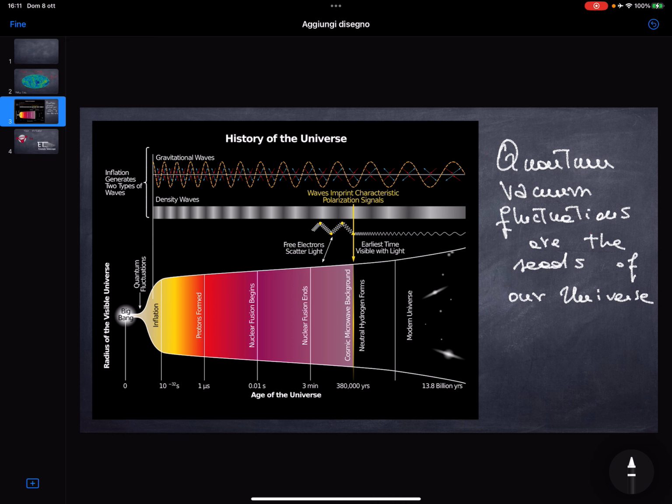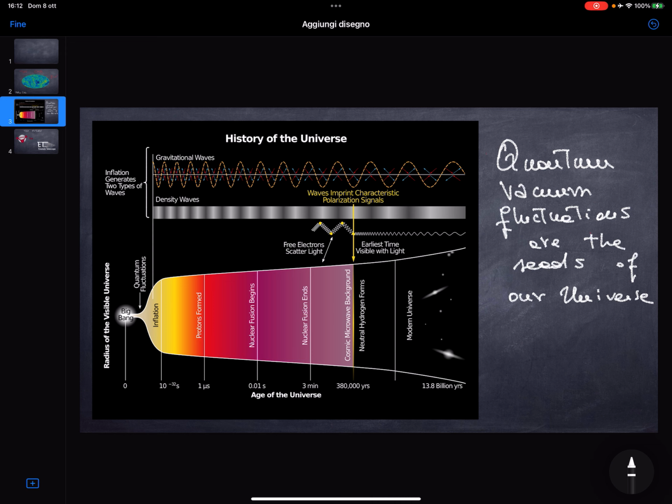And if we look on the left of this picture, we will arrive at a period which is called inflation, that is actually the stage of the universe during which the initial conditions for our universe were formed.